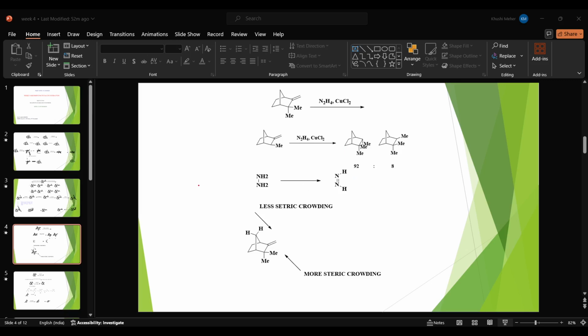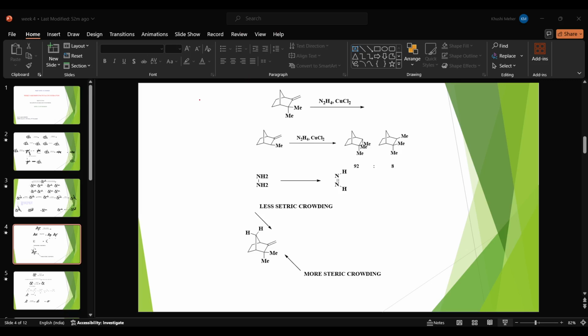But in this particular case, with this kind of system, what will happen? Instead of the negative charge forming here, it will shift to the corresponding alkene.